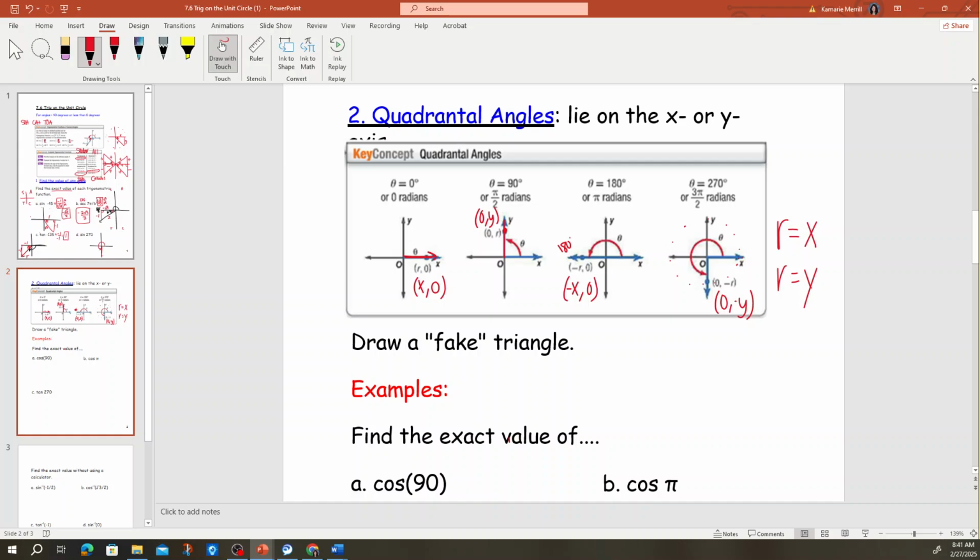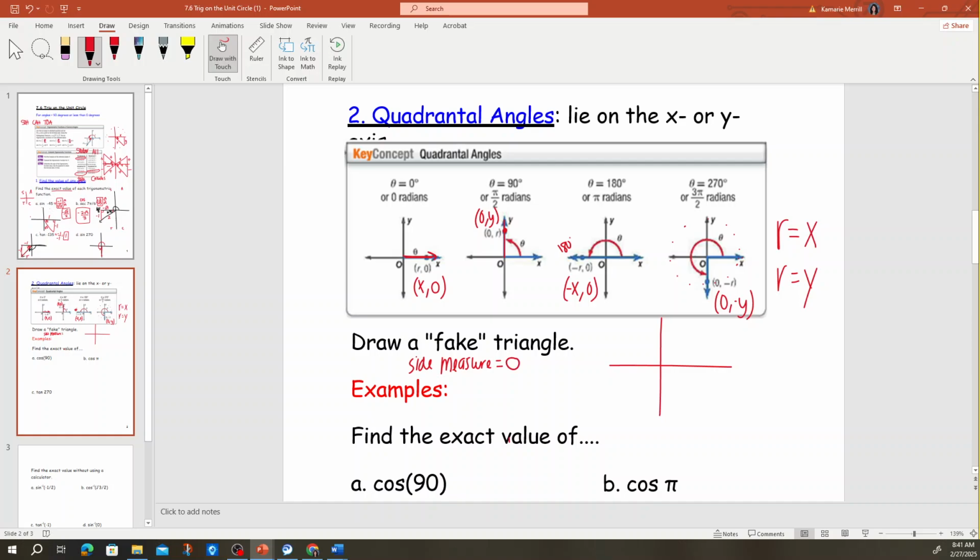Okay, with that being said, here's one strategy to handle it. If you don't like the idea of memorizing that cosine was x over r, sine was y over r, like that's pretty confusing, unless you want to just generate it. What I do is I generate essentially a fake triangle. It's a fake triangle because one of the sides has a measure of 0.